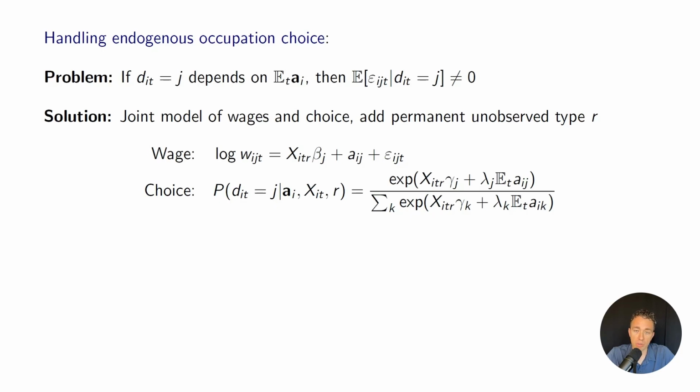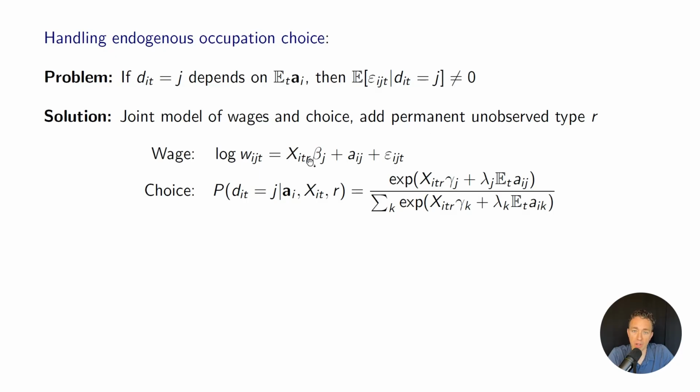And we would have to include some sort of permanent unobserved type to be realistic about sorting on different types of unobservables. So in particular, we could put an unobserved type dummy indexing type R in the X matrix.